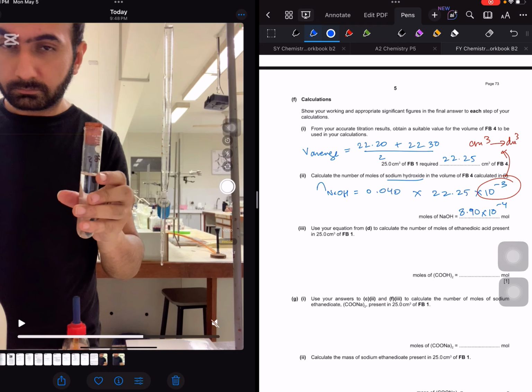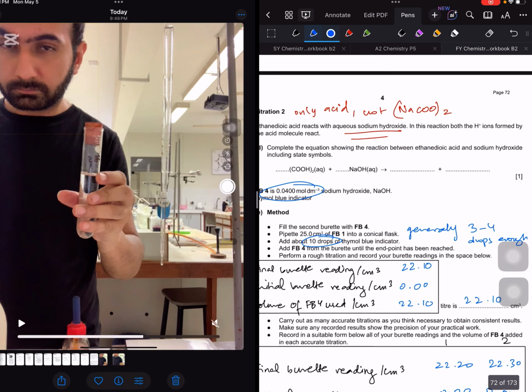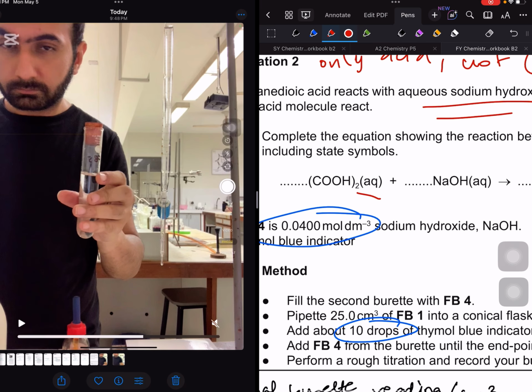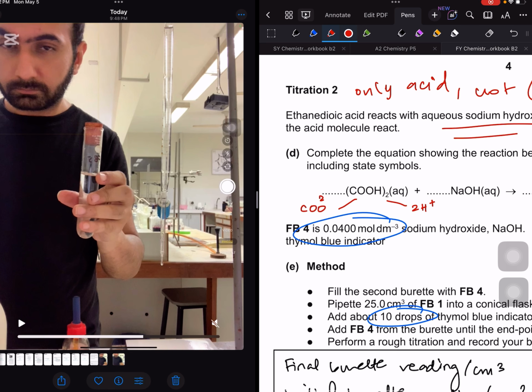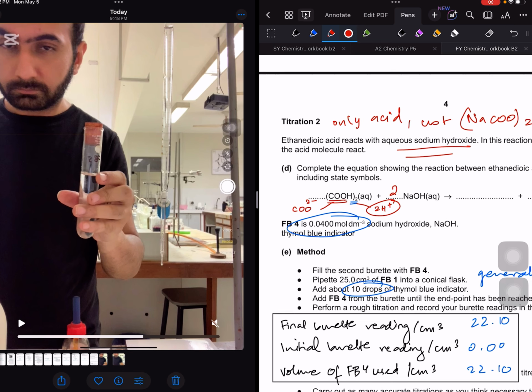Now, use your equation from D to calculate the number of moles of ethanedioic acid. Let's go back and see. They wanted us to balance this equation. You can see each acid molecule produces double hydrogen ions and the remaining ion would be COO with a 2 minus. This portion is separated and this portion is separated. So obviously in order to neutralize double mole protons, you need double mole alkali.